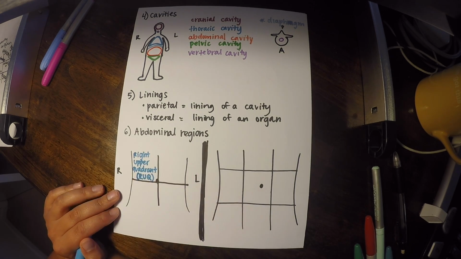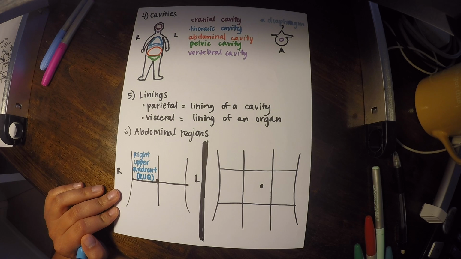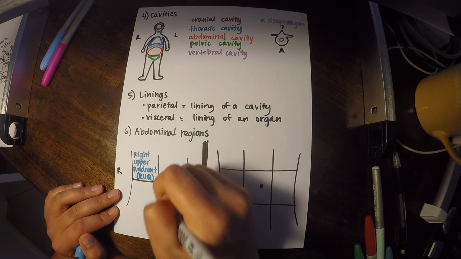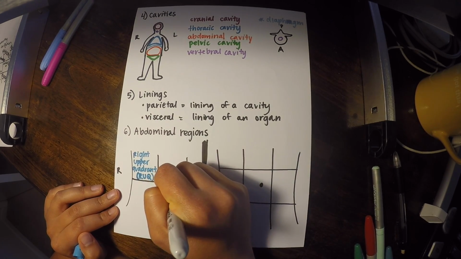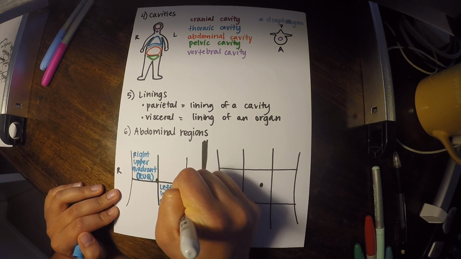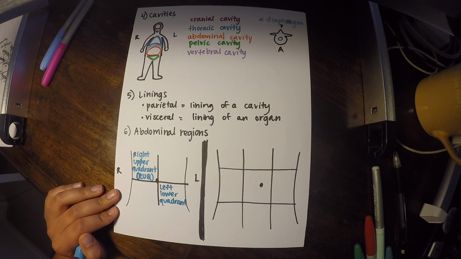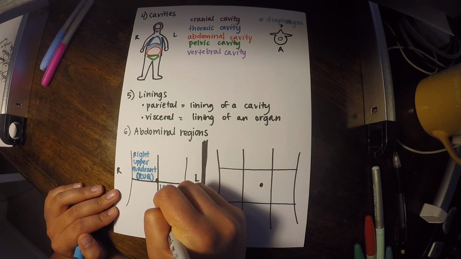Now, if this is our right upper quadrant, what do you think this one down here is going to be? If you guessed the left lower quadrant, you're right. Left lower quadrant. The abbreviation for that is LLQ.